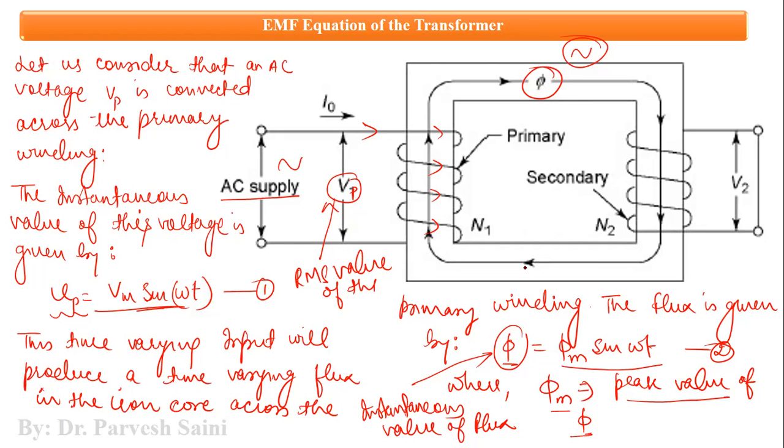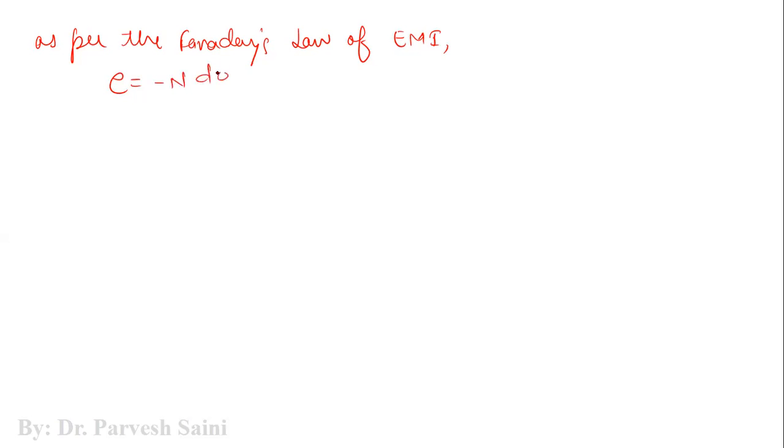Now, whether it is self induction or mutual induction, as per Faraday's law of electromagnetic induction, the EMF induced here is given by E equals minus N d phi by dt in general. This is the general equation of that particular EMF.